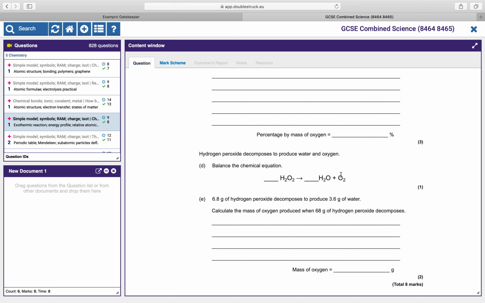Now with this one, a lot of people see it and they panic. Now this is my secret. Whenever you see H2O, make it an even number of oxygens, because it's very, very difficult to balance an odd number of oxygens.